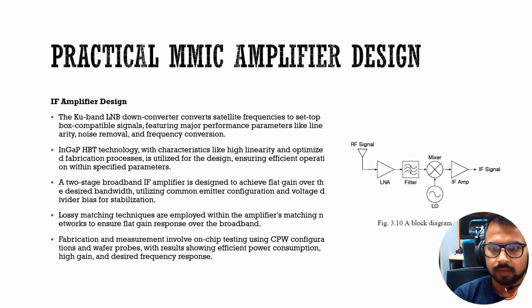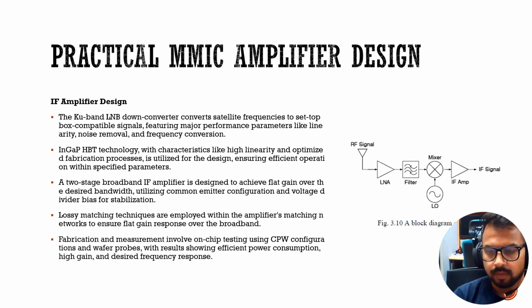In this diagram we present a block diagram of a Ku band LNB, with LNA and LNB. The Ku band LNB down-converts satellite frequencies to set-top box compatible signals, featuring major performance parameters like linearity, noise figure, and frequency conversion.